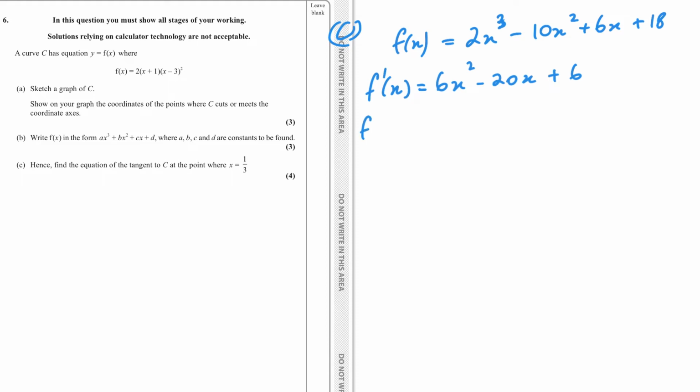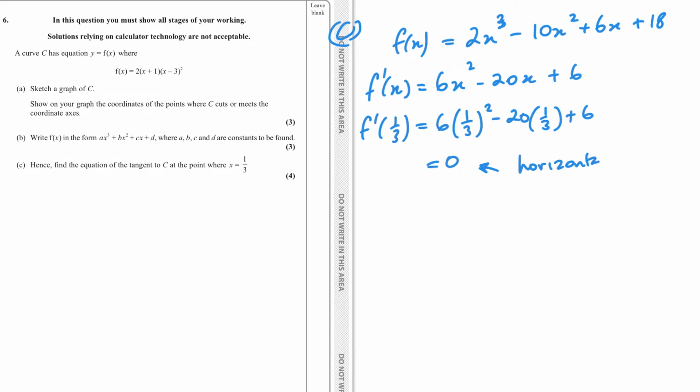Now when x is 1/3, so we got 6 lots of a third squared minus 20 lots of a third plus 6. And this equals 0. That's unusual, isn't it? So gradient of 0 means we get a horizontal line.